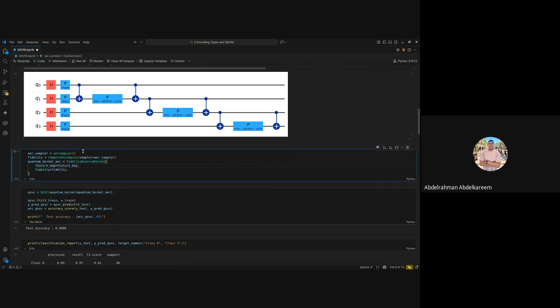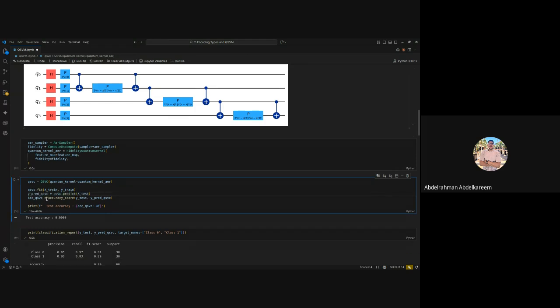So the process is initializing the sampler, initializing compute-uncompute, then the fidelity quantum kernel, then the QSVC. Then we treat it as normal, like the other classical models. Fit with the training, predict on the testing, and compute the accuracy. It's like a normal model.